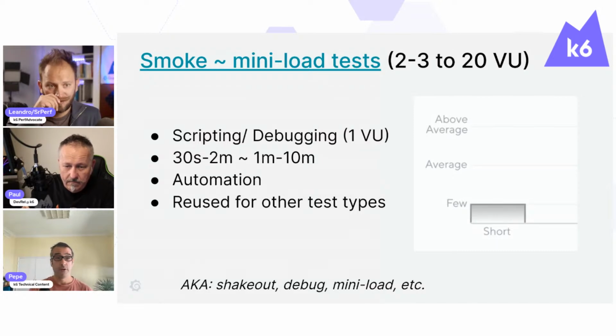It's not only about 30 seconds. We are seeing a range between 30 seconds and 10 minutes with this mini load test and smoke test. So maybe the point is that there is no clear difference, and they are both the same, smoke test and mini load test, as of how people are using them today.